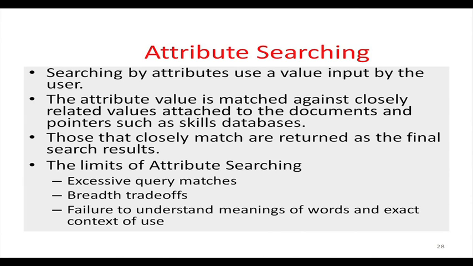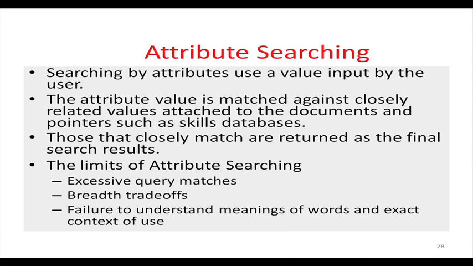Another way to look at it is attribute searching. In attribute searching, basically you look into the attributes, and then you try to see whether the attributes that you are looking for are available or not. For example, if you have skill databases, you see whether the person you are looking for is available in the skill database or not. If you are looking for an expert in a particular field, you type, say, experts in the area of organizational behavior, experts in the area of operations management.